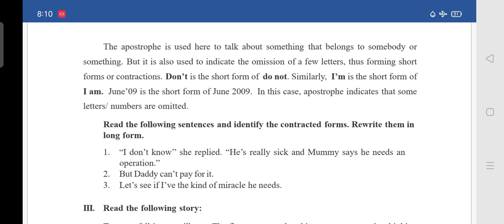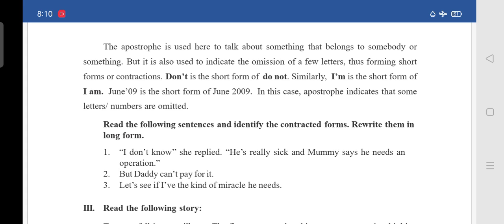Instead of that you have to write he is really sick and mummy says he needs an operation.